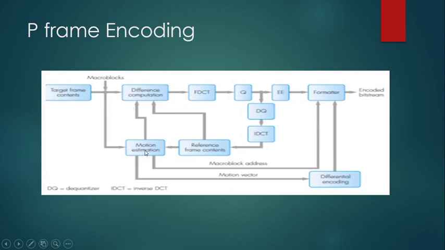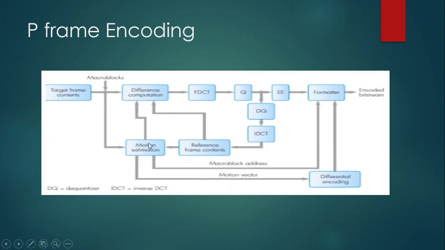Okay, so we are going to do the motion estimation. So we have to calculate the difference computation, which is called motion estimation. So where that difference is, how much the object has moved. If there is any difference, all that difference is going to be specified by this motion vector.